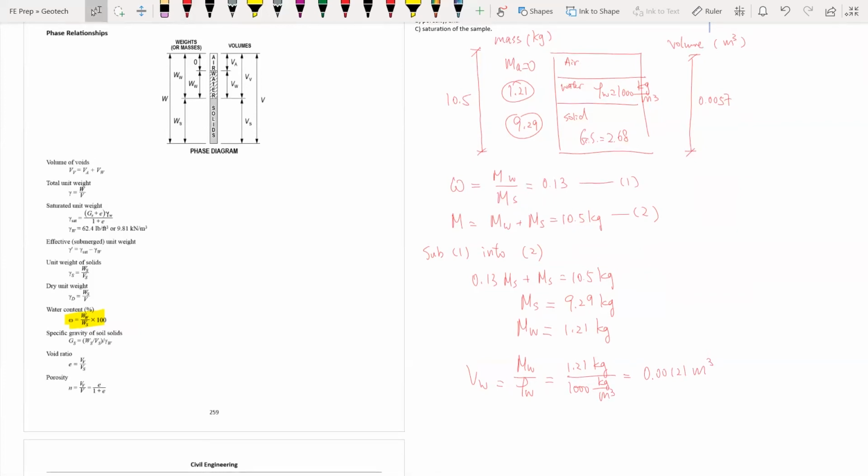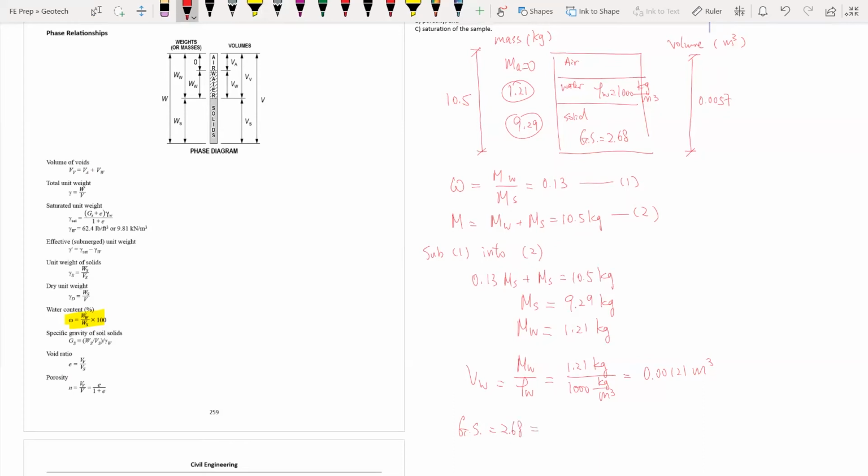So that's the nice thing about the phase diagram. Again, we can always use the bridge, like the unit weight of the water, and also the specific gravity, which is equal to 2.68 in this case.